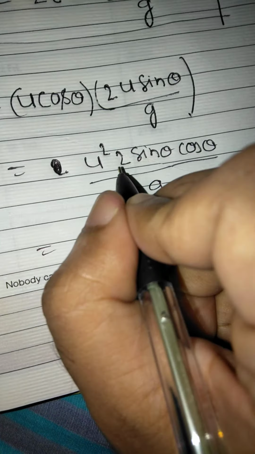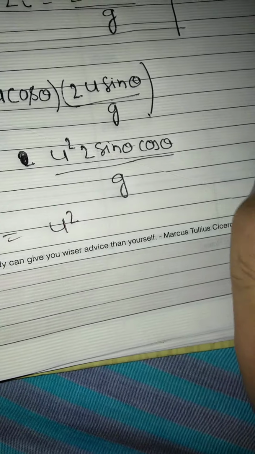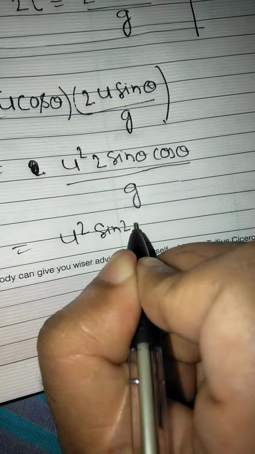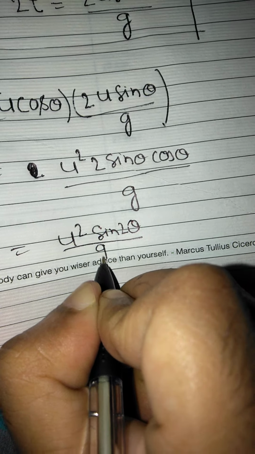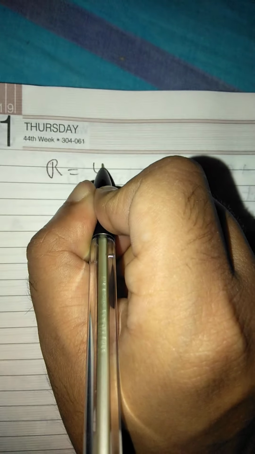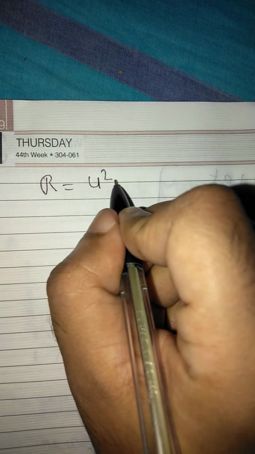We know from trigonometry that 2 sin theta cos theta equals sin 2 theta, and hence it can be written as sin 2 theta. So from that we can say that the range of motion is equal to u square sin 2 theta by g.